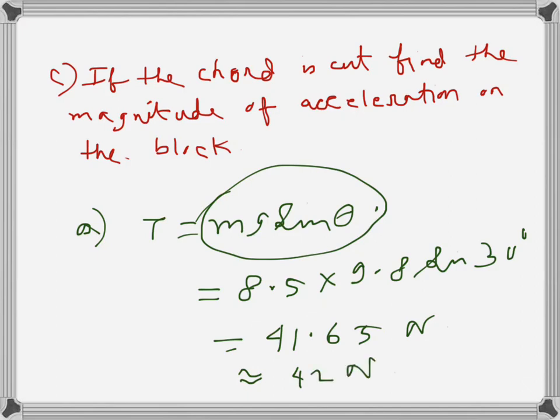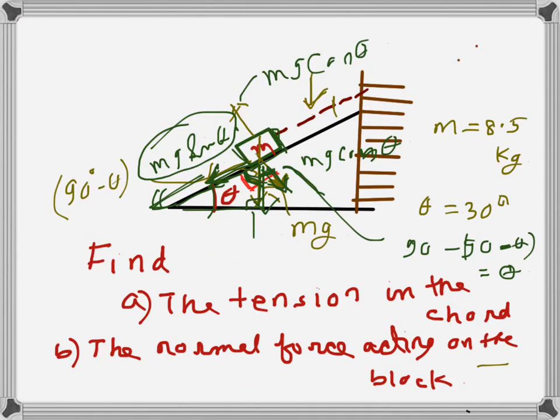Then we need to find the normal force acting on the block, which is mg cos theta, because that is the reaction force of the surface. Let me draw an analogy. When an object is on a horizontal surface, the weight is mg and the reaction of the surface is just mg.